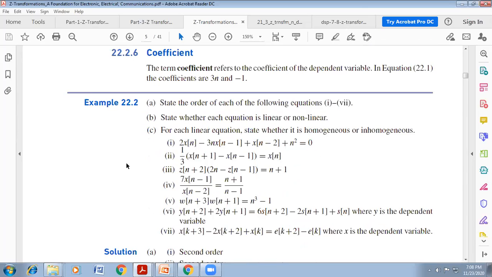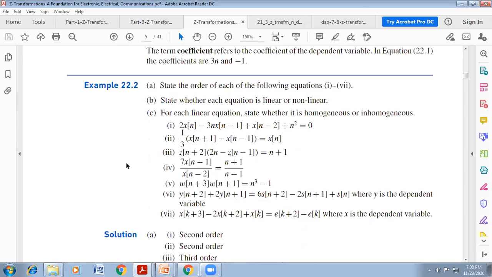Now we will study some examples. State the order of each of the following equations in A, and in B state whether each equation is linear or non-linear. We have to test this. And in C, for each linear equation, state whether it is homogeneous or non-homogeneous.